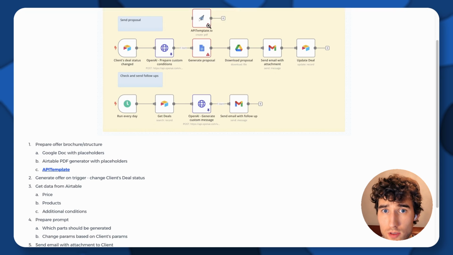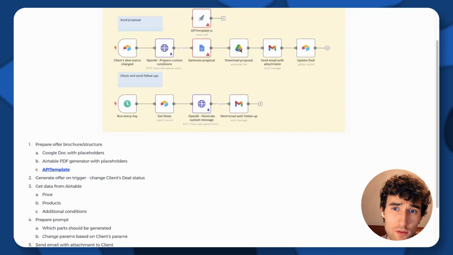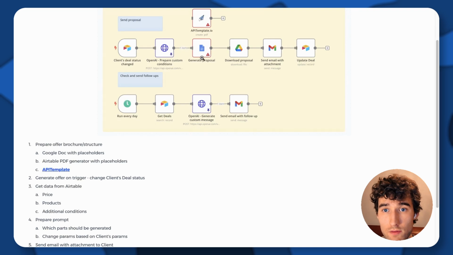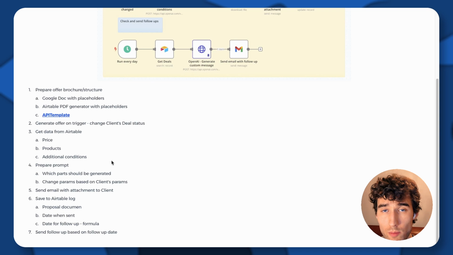Then we generate the proposal with one of these tools, and if it's a PDF or a doc file, we need to download this document with the Google Drive node and simply send a mail with the attachment to your client, and update the deal: save the file that we generated and set the date of when we sent this file and when we need to follow up with the client about our deal.